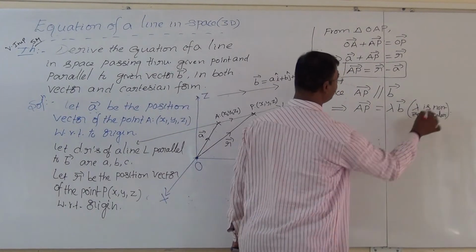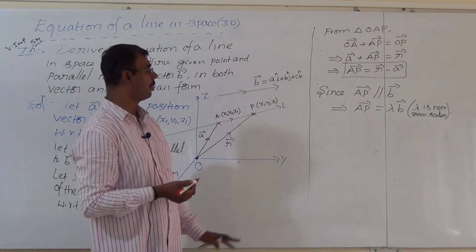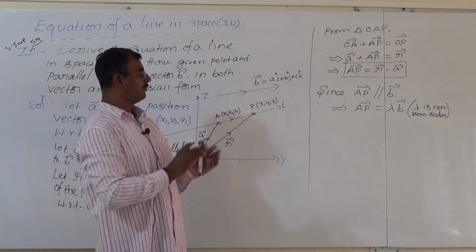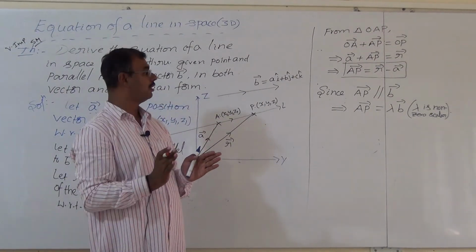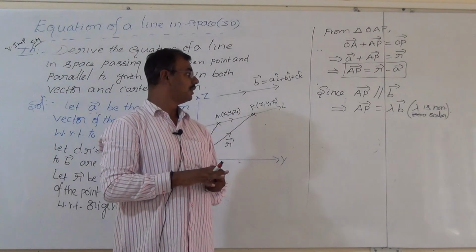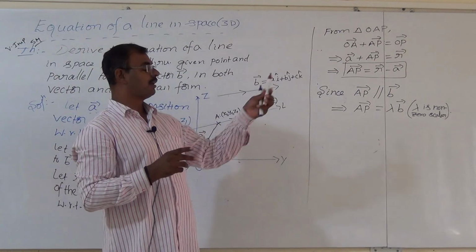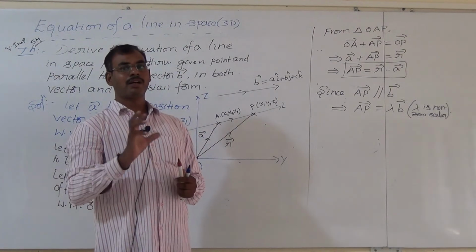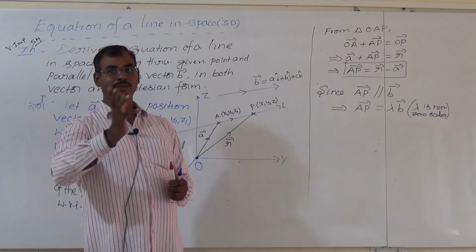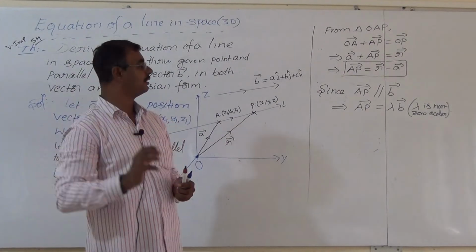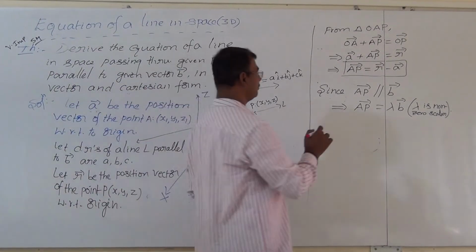Remember all of you, it is a constant. So this is the parallel condition. If two vectors are parallel, then A vector is equal to lambda times B vector. Collinear means they lie on the same line. This is the parallel condition.